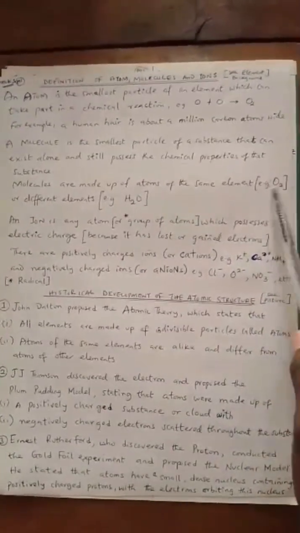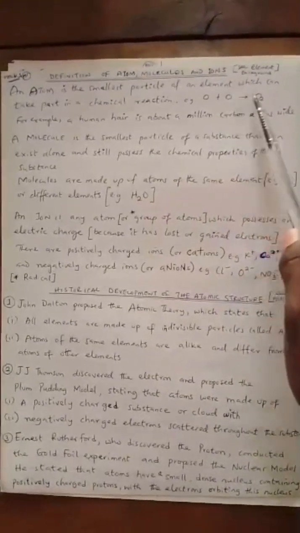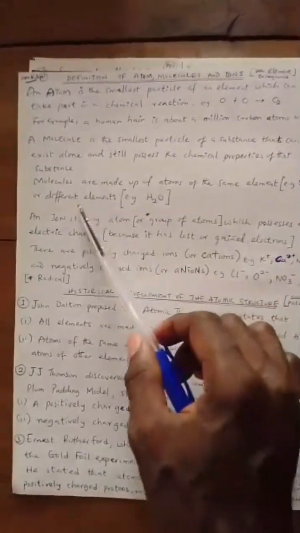For instance, oxygen: two oxygen atoms combining. Oxygen atom plus oxygen atom combines to form an oxygen molecule. So this is a molecule. Molecules can also be made up of atoms of different elements, as in water. Water has two atoms of hydrogen and an atom of oxygen chemically combined. So this is a molecule of water and this is a molecule of oxygen. Molecules are made up of atoms of the same element or different elements.